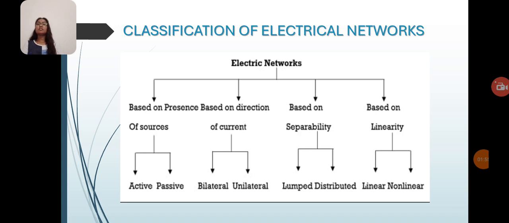In this, first one is bilateral network, second one is unilateral network. Third one is based on separability. In this, first one is lumped network, second one is distributed network. And fourth one is based on linearity. In this, first one is linear network and second one is non-linear network.